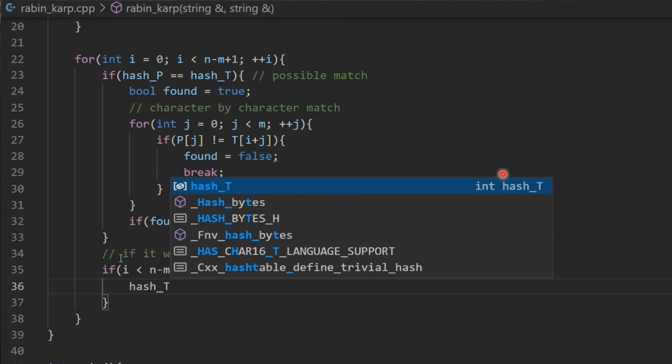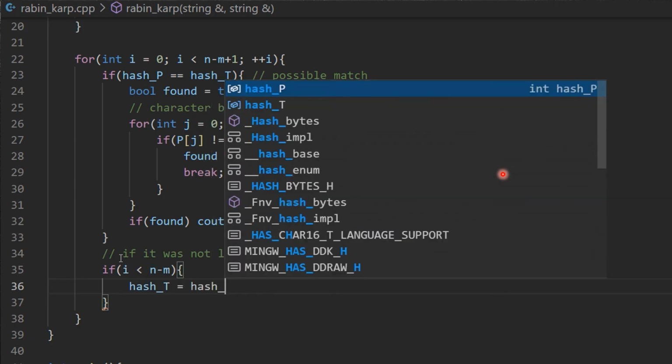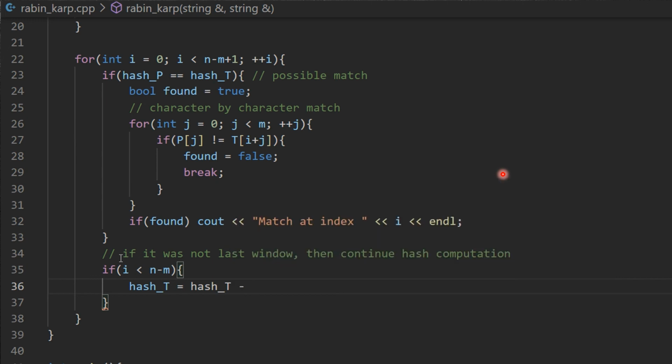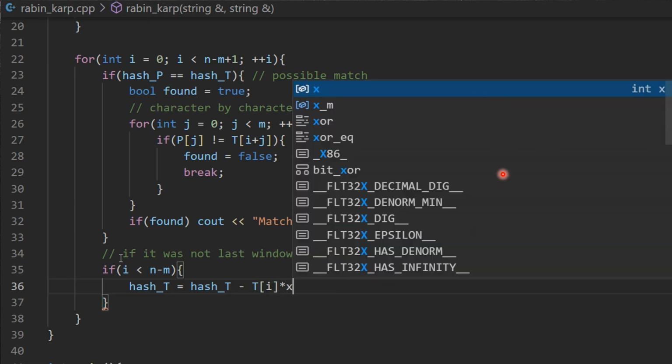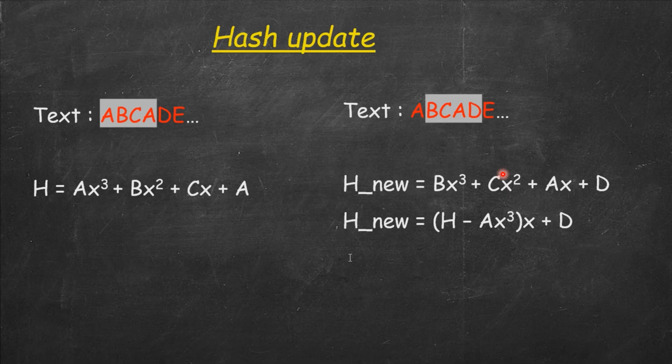So hash t, and you know how to calculate hash t. Whatever was the old hash t minus, remember, x raised to the power m minus 1 multiplied by the character that just went out, the leftmost character in the previous window. So here a went out of the window, a multiplied by x raised to the power m minus 1.